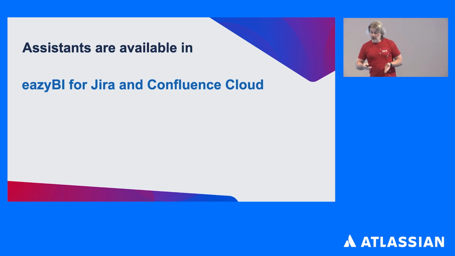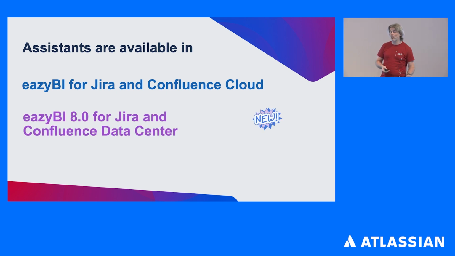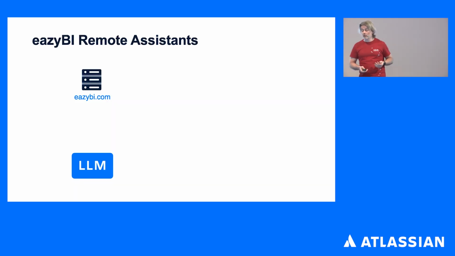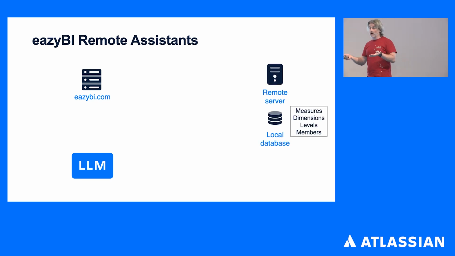Initially, we launched our assistants for Jira and Confluence Cloud apps. But then, a couple of months ago, we launched them also for our Data Center apps. How we do that: we have these assistants available in our cloud service, but from our Data Center apps, admins can enable that they want to use these assistants.